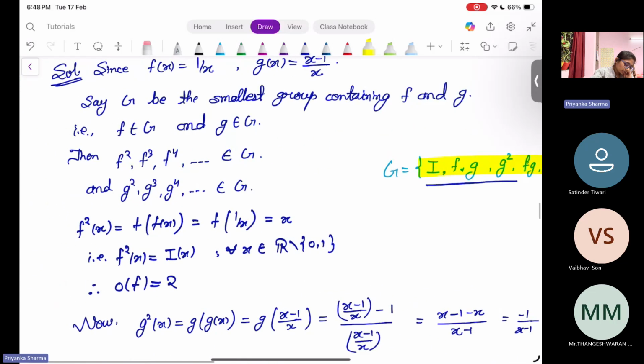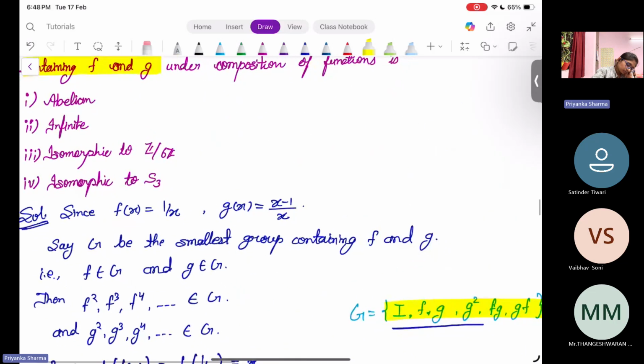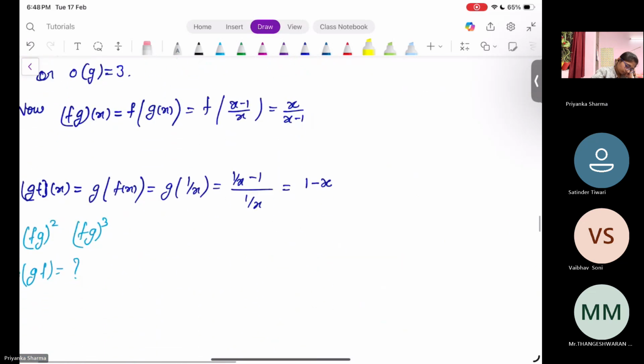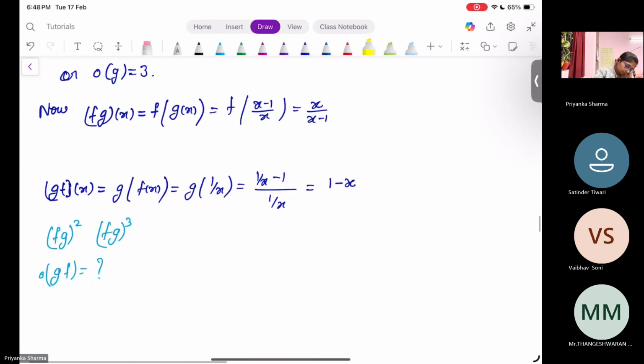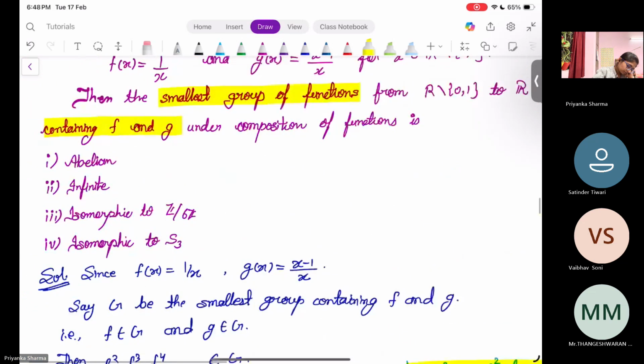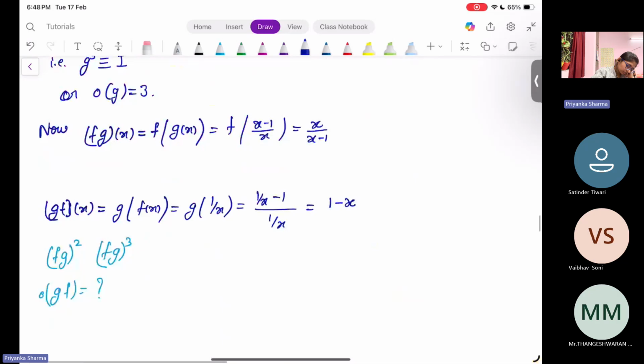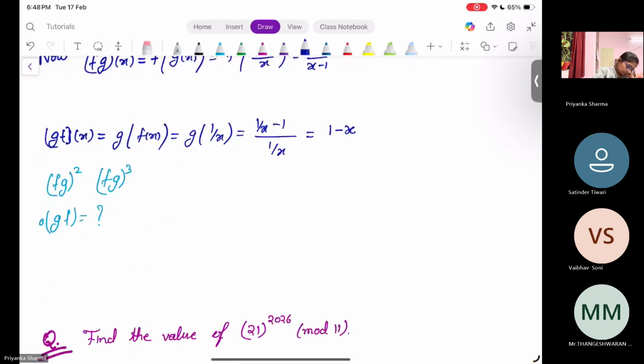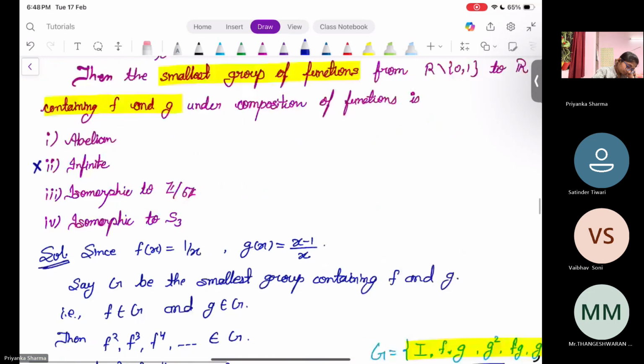Okay, so this is false, that the group is not infinite, because the order of G is 6 actually.